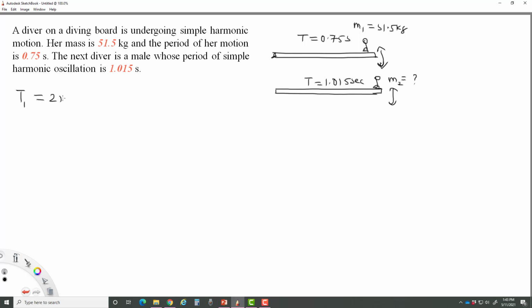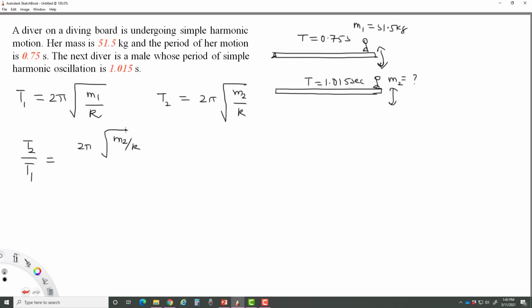So T1 is 2 pi square root of m1 over k, and T2 is 2 pi square root of m2 over k. Divide equation 2 by equation 1. So T2 over T1 is equal to 2 pi square root of m2 over k, over 2 pi square root of m1 over k.